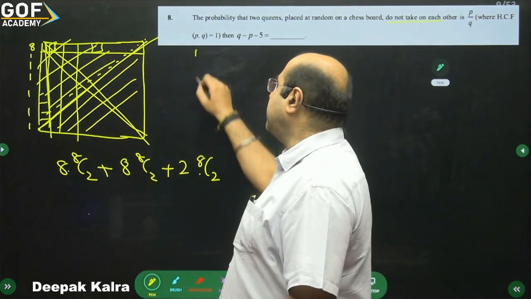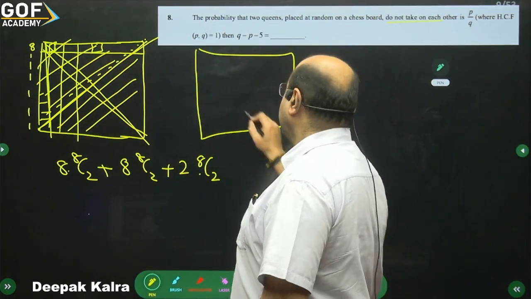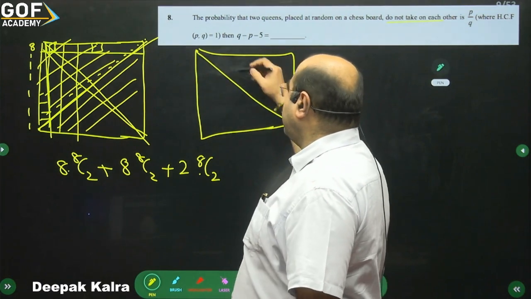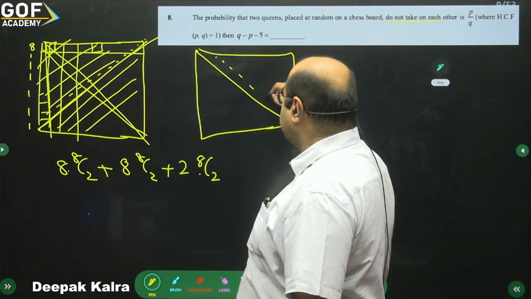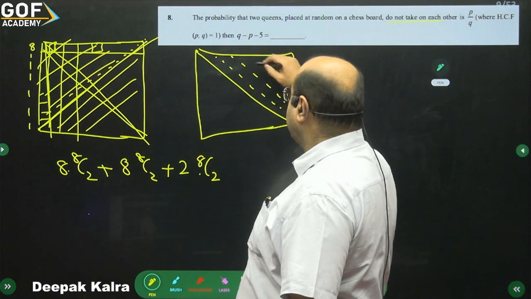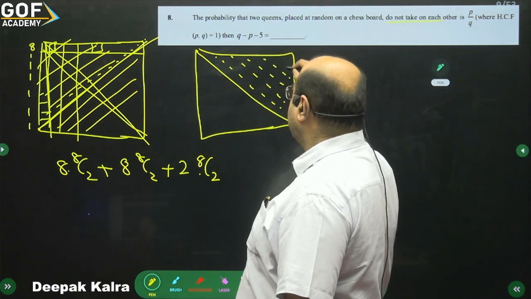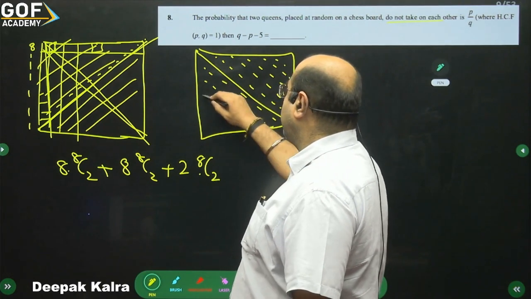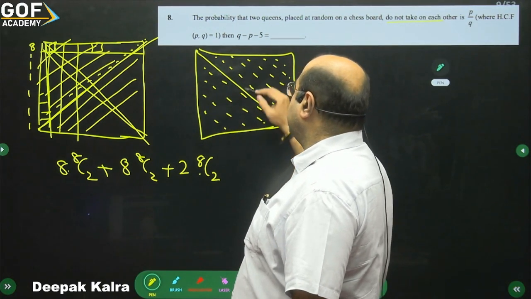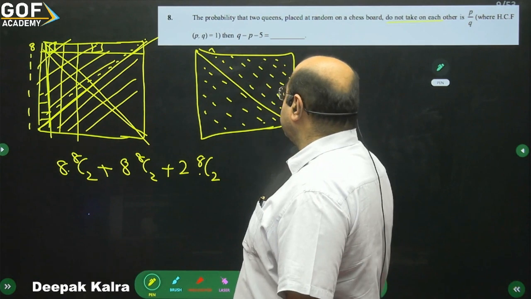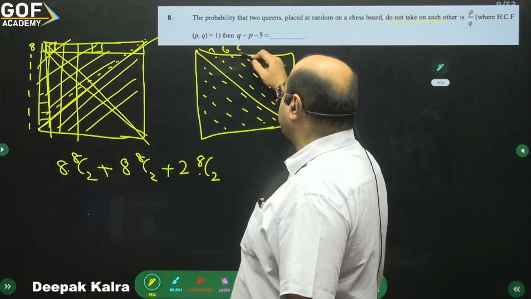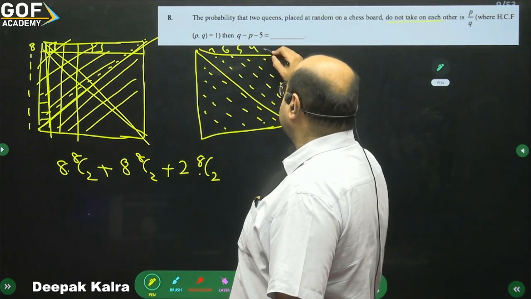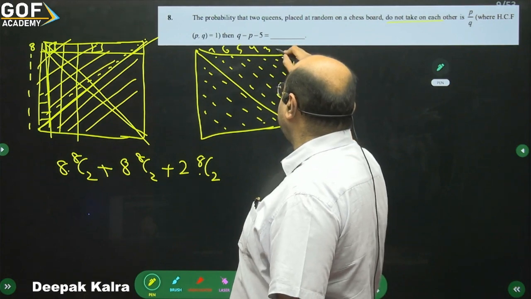Now, the thing which is left over is the positions adjacent to the diagonal. Similarly here. So here we have 7 squares, 6 squares, 5 squares, 4 squares, 3 squares, 2 squares, and 1 square.